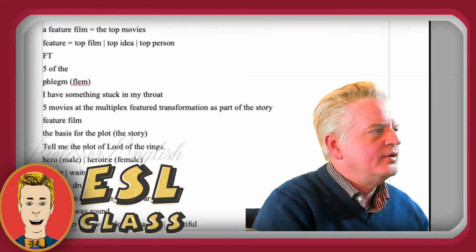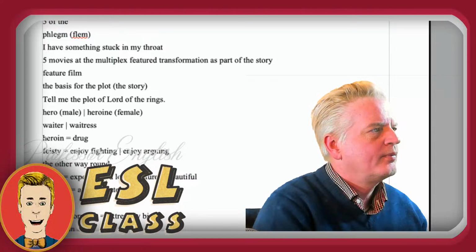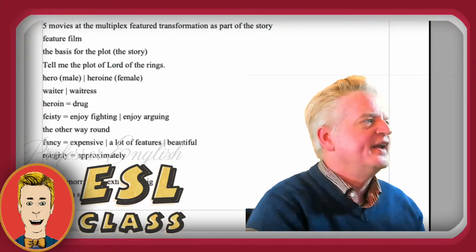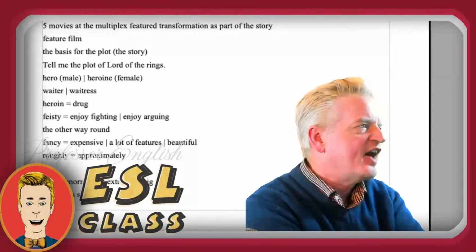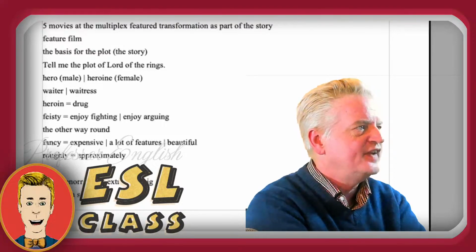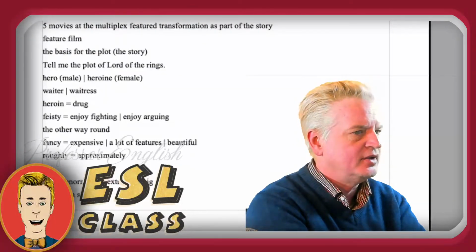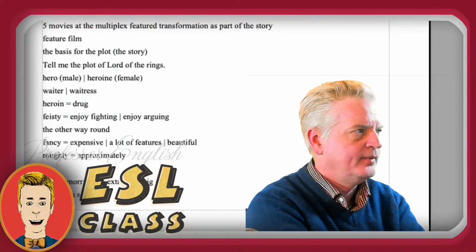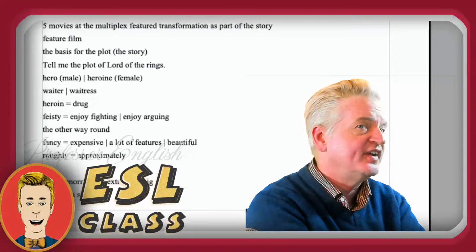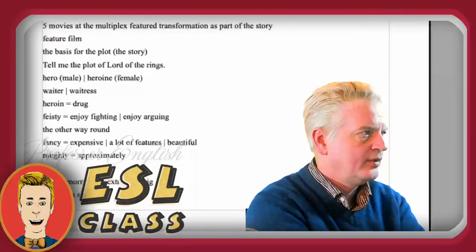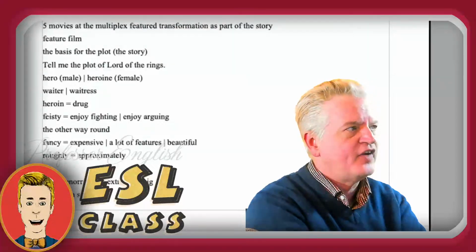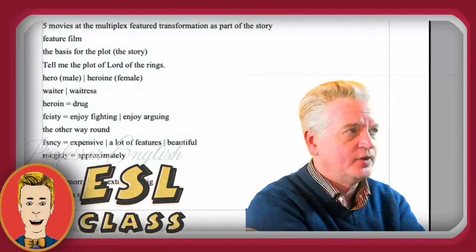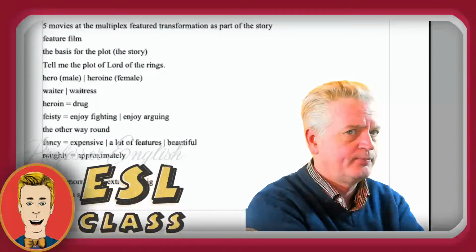Okay, let's see. Okay, in the article that we were reading, it said 5 movies at the multiplex featured transformation as part of the story. So let's imagine that there were 10 movies. What does that mean if 5 movies featured transformation as part of the story?